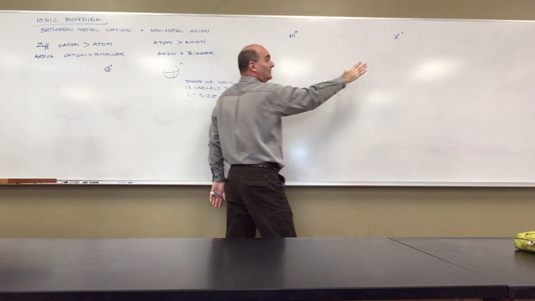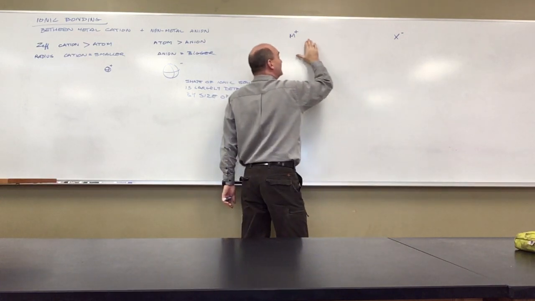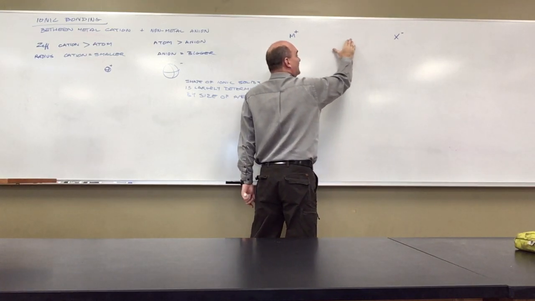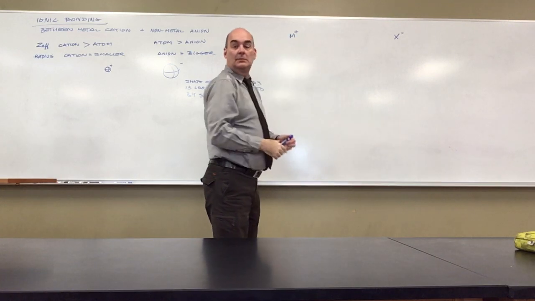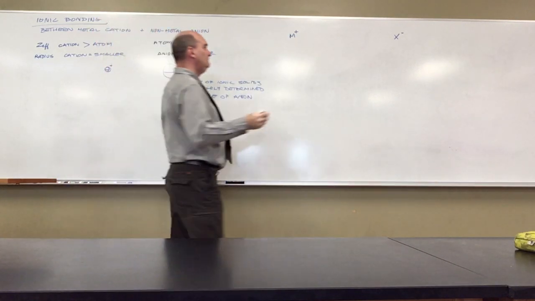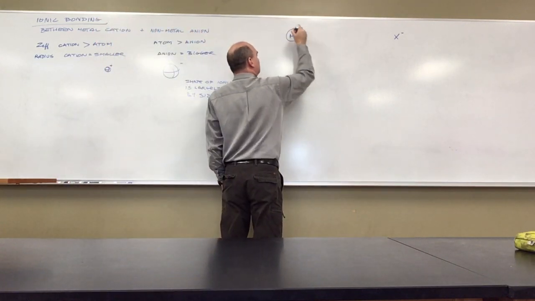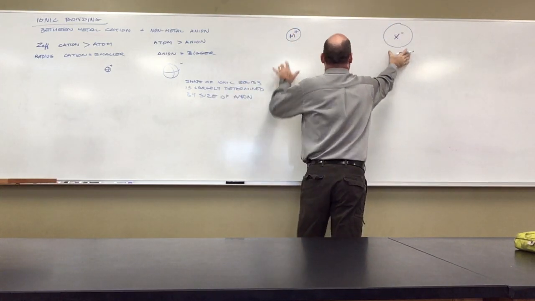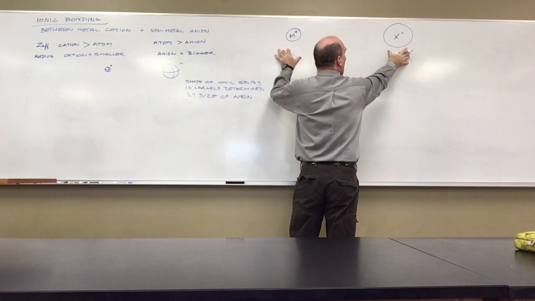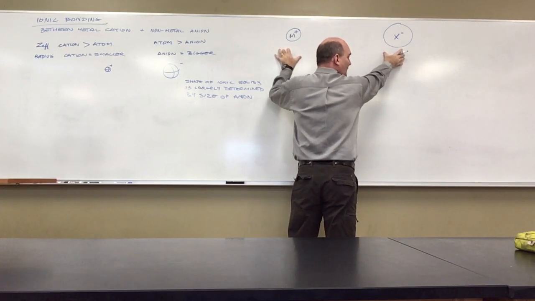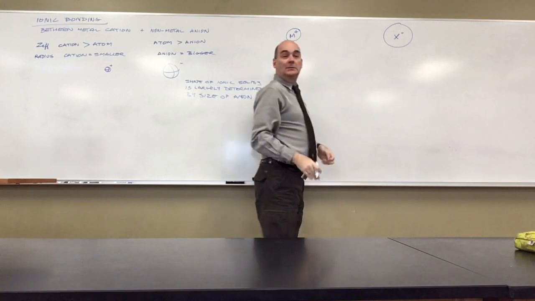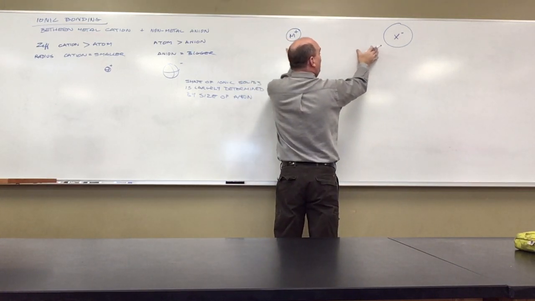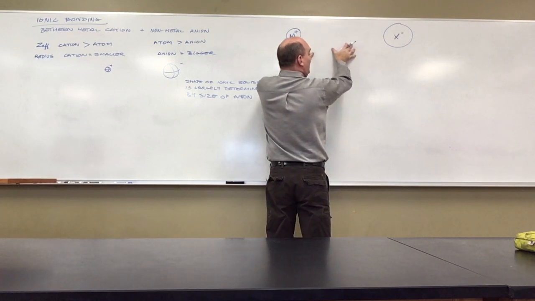When it does, as this X gets closer to that metal, it's going to get attracted, right? So from this distance, oh, I've detected the presence of something opposite to me that I'm attracted to. And then these two will get closer and closer and closer together.